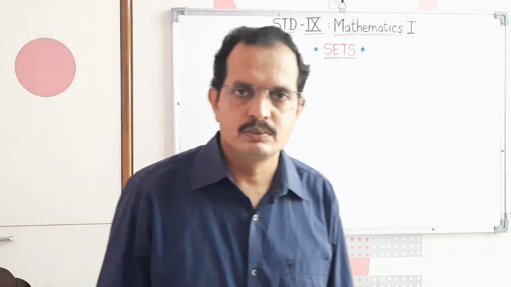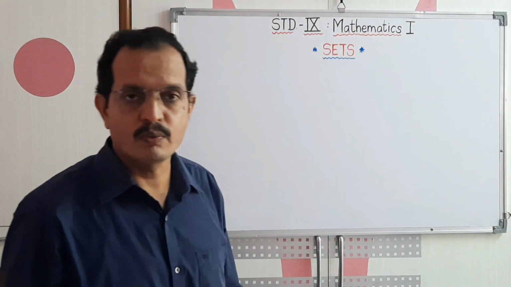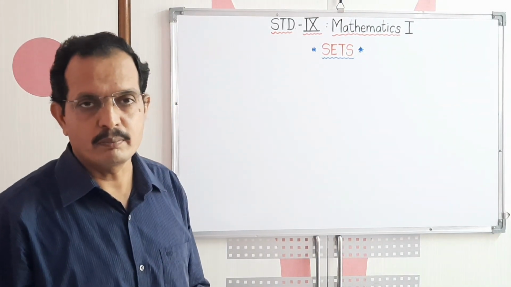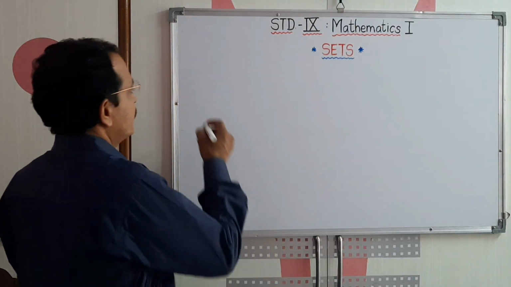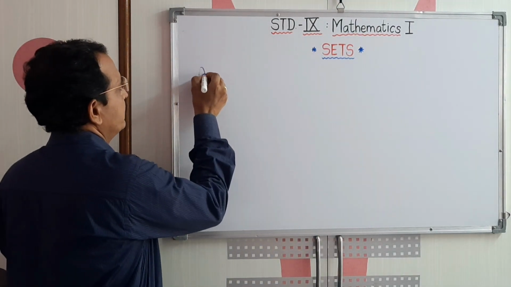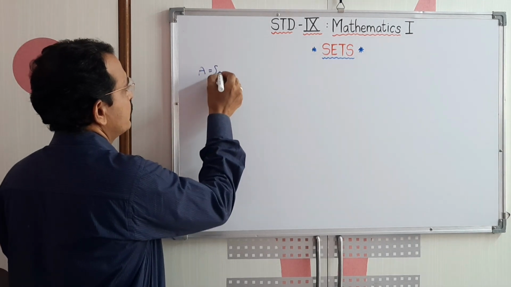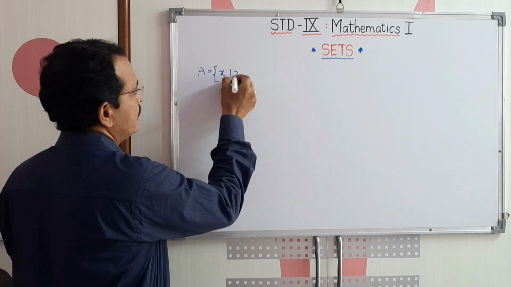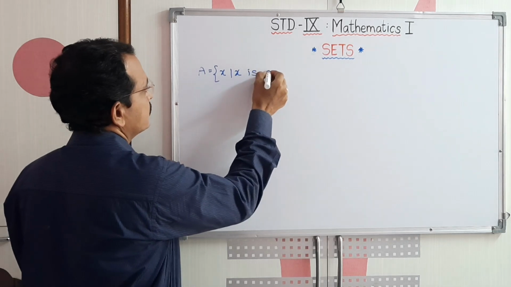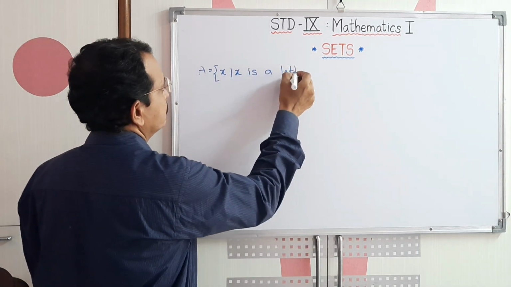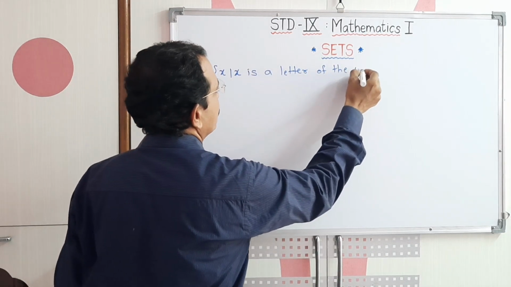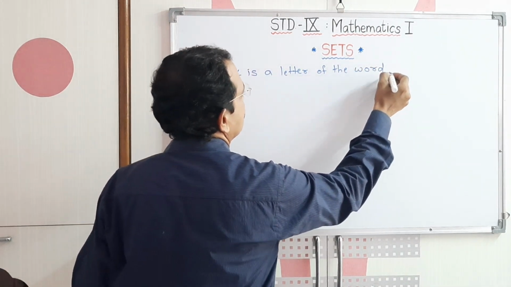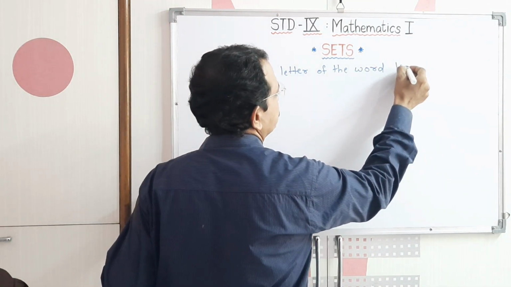Let's start with another concept of sets. For that purpose, we have to see a pair of sets. Here I write: A is a set of X such that X is a letter of the word listen.